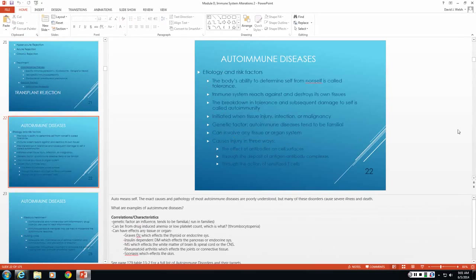So let's look at autoimmune diseases. Auto means self. The exact causes and pathology of the autoimmune diseases are usually poorly understood, but many of these disorders cause severe illnesses and death.